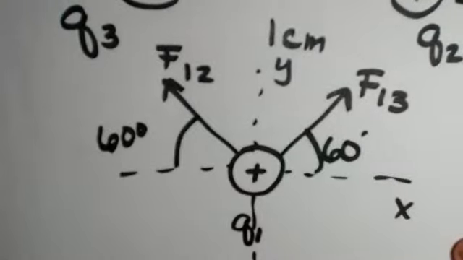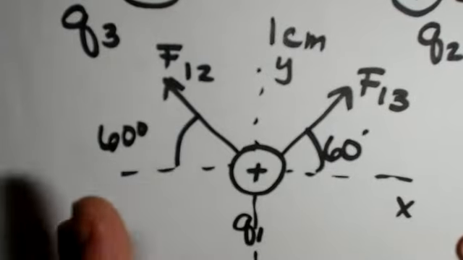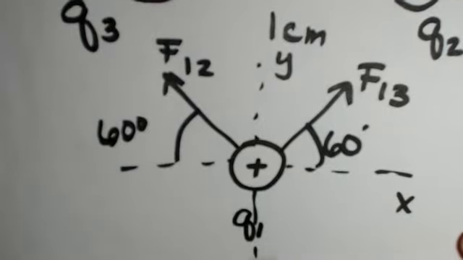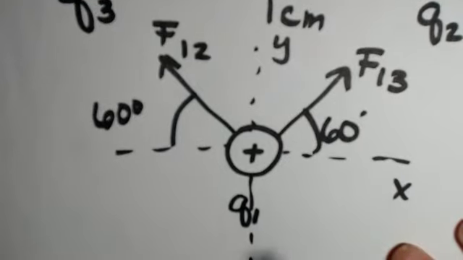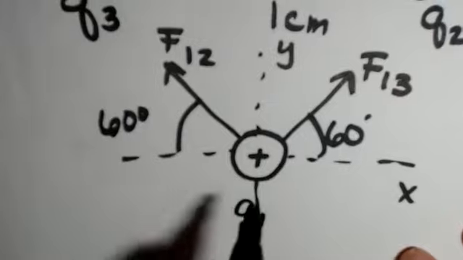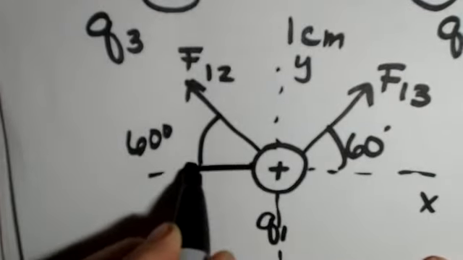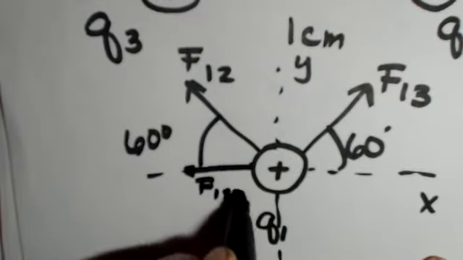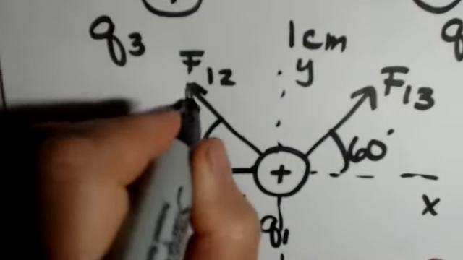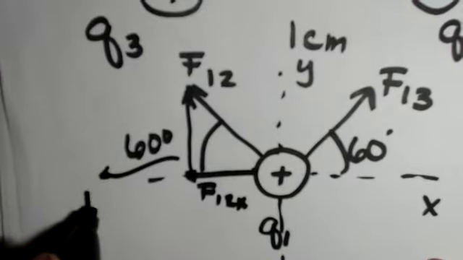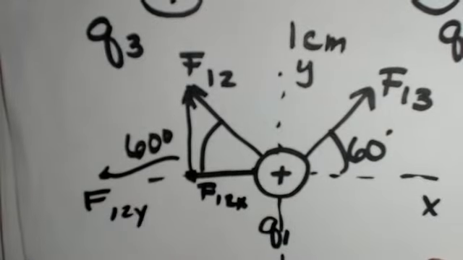Now I'm done with physics 2. Now I've got to go back and remember how to do physics 1. So I want to find the total force here. I have to think about breaking these up into X and Y components. So I've got an F12X like that, and an F12Y like that.